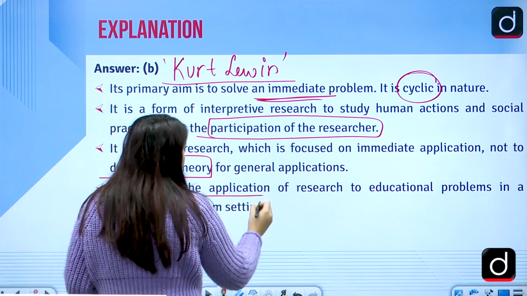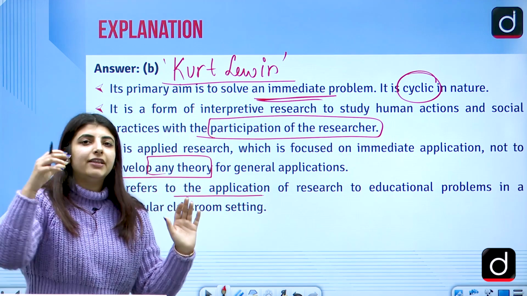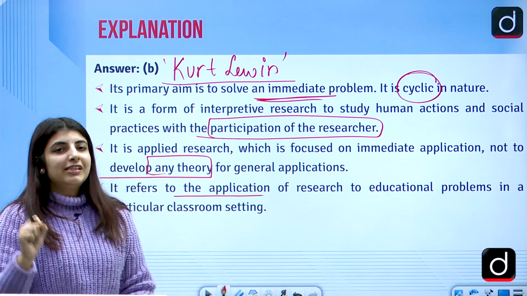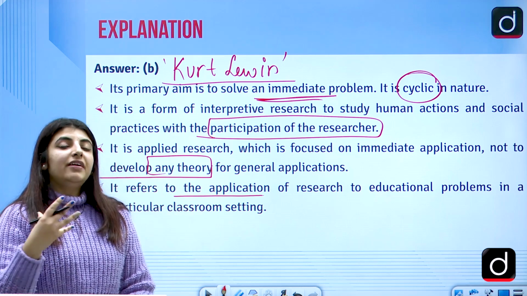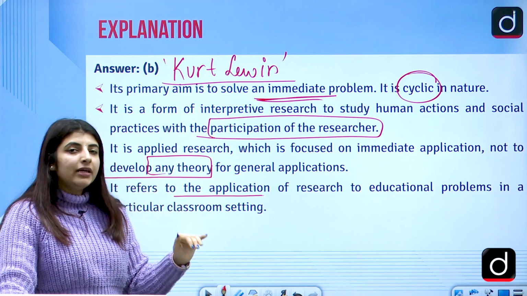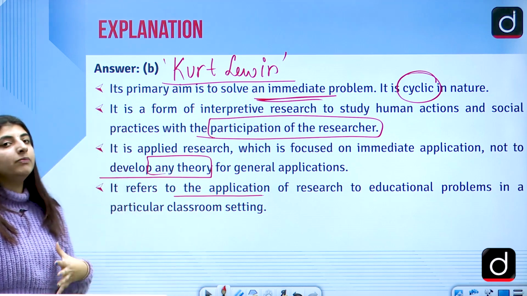It refers to the application of research to educational problems. As I told you, most of the time action research is used in the educational spheres only, where the teacher, who is let's just say the knower of things, is involving himself in the process and doing certain things to improvise.